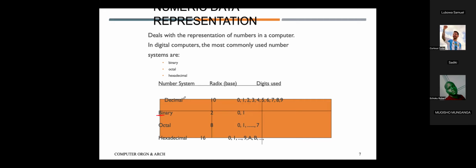This is so much used by computers, as you know very well that the computer can only and only understand numbers, which are zeros and ones.